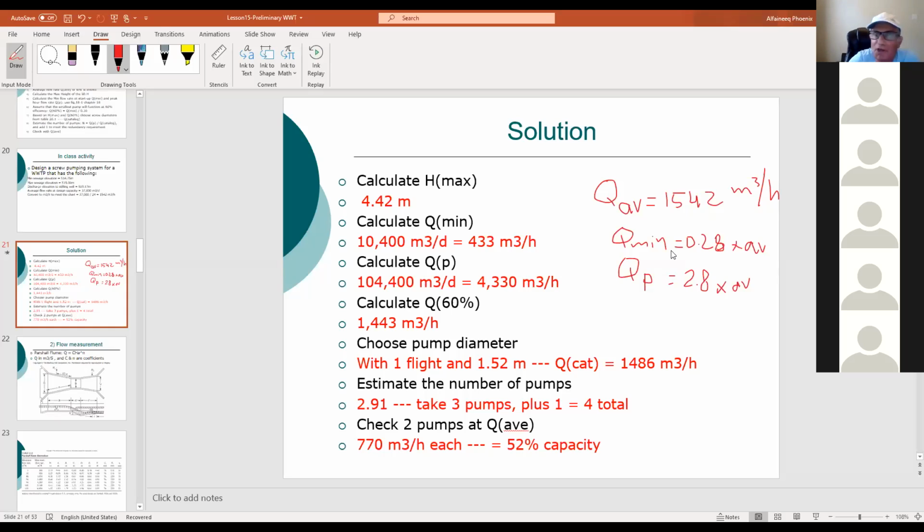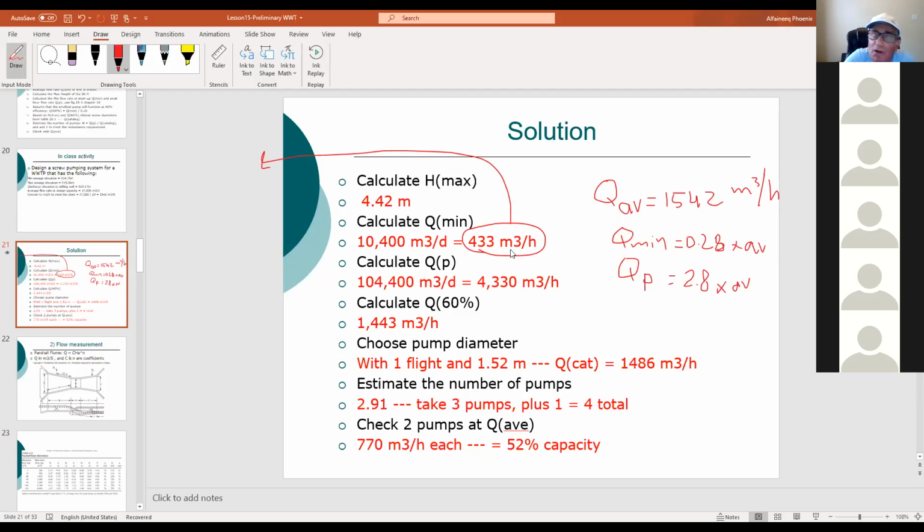Now, you start with the Q minimum, all right, this number. In other words, we are saying that one pump should be able to give you this Q minimum.